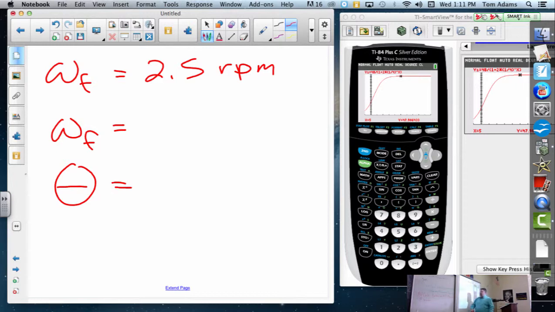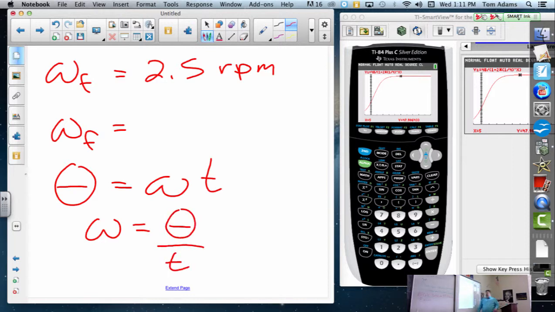We know that omega is equal to this times time, or another way to write it is angular velocity is equal to the change in theta over time, right? If that was the average angular speed, isn't that how we would get that? You guys remember when we derived that in class?